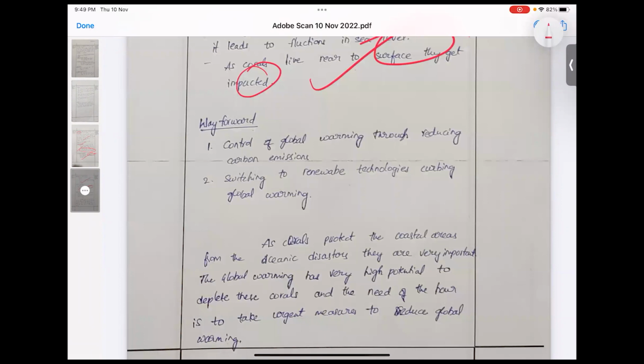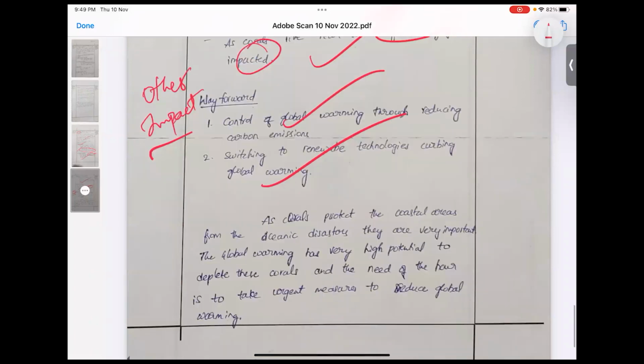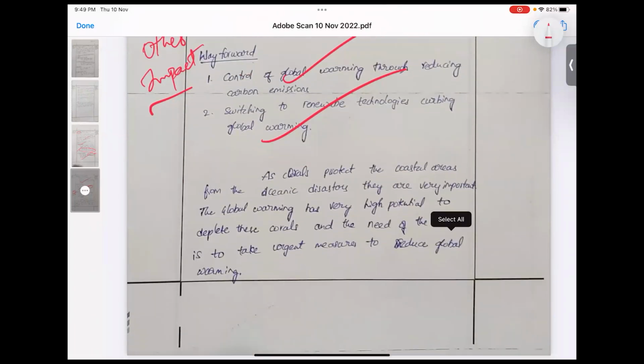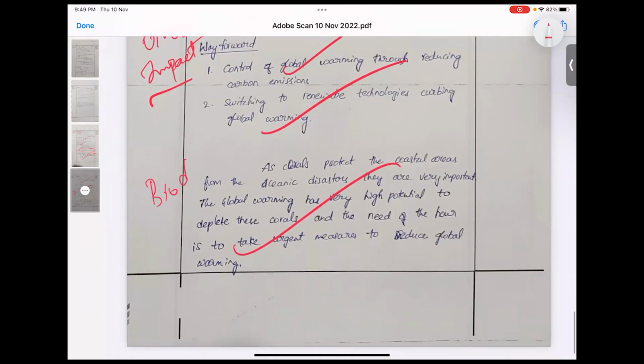You write other impacts also. And then way forward through reducing carbon emissions, renewable technologies. And you bring the angle of biodiversity. Sure, sir. Fine.